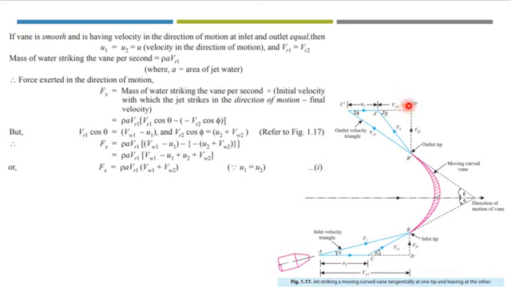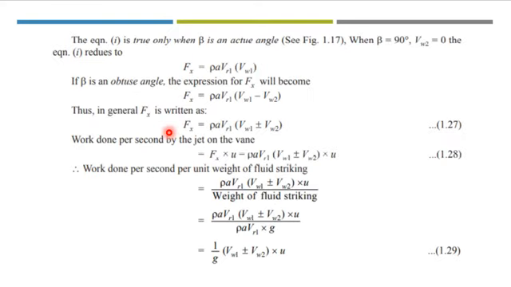So we can write VR1 cos theta equals VW1 minus U1, and similarly VR2 cos phi equals U2 plus VW2 from this figure that you can see. Upon resolving this velocity into x component, you get this complete line which is equal to U2 plus VW2. So upon simplification, we get Fx is equal to rho A VR1 into VW1 plus VW2.